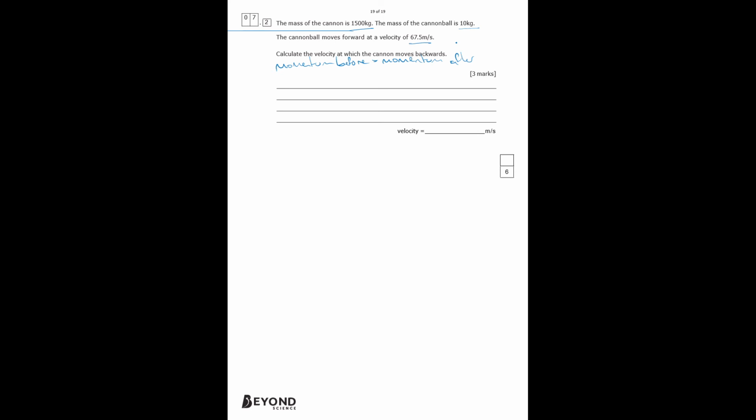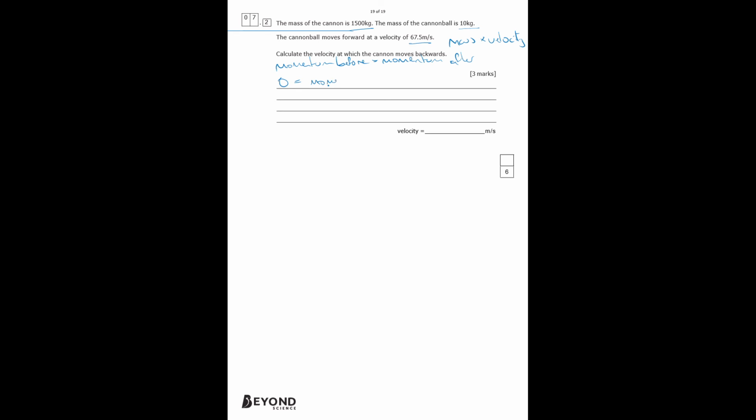The momentum of something equals its mass times velocity. So the momentum before was 0, so 0 equals the momentum of the cannon and cannonball afterwards.